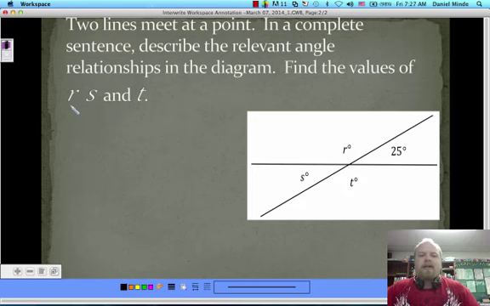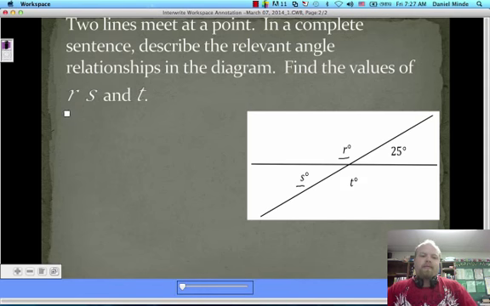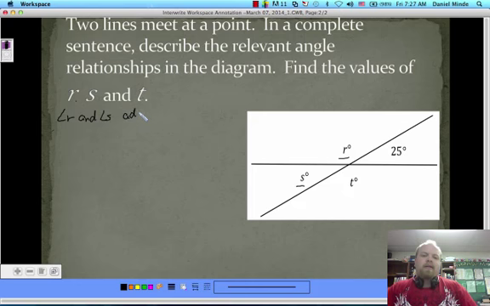Well, first off, R and S. We're looking at angle R and angle S. What kind of relationship are those? Those are a couple different things. I look at angle R and angle S, and I can see that they're adjacent. I can also see that they are supplementary to each other.